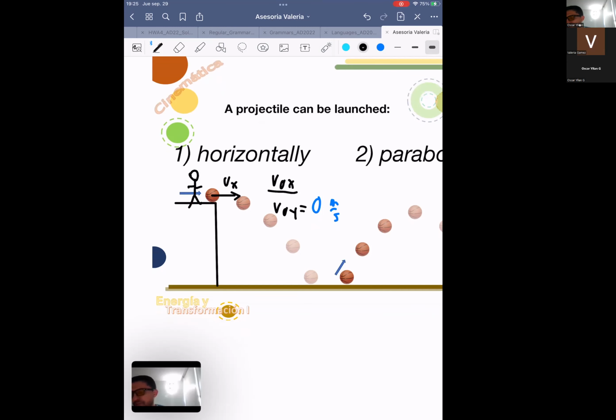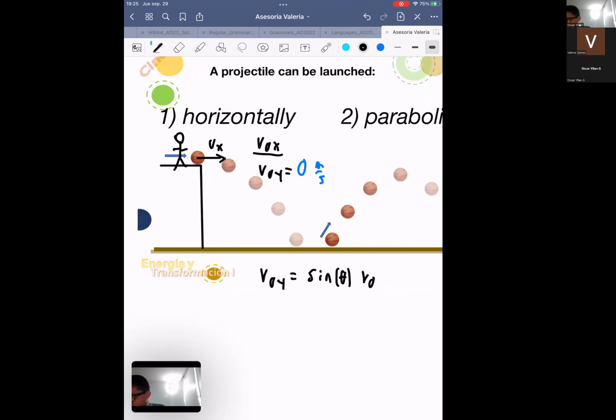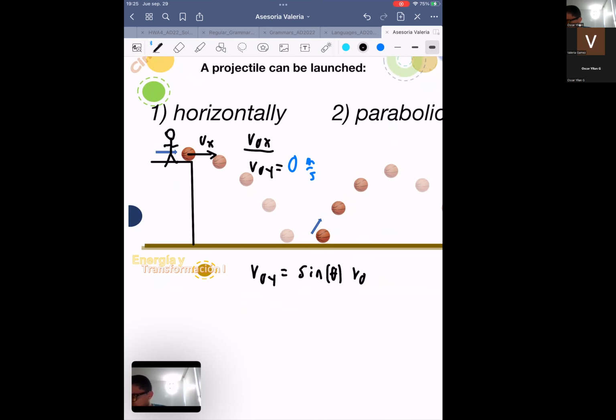Also, if you want to see it mathematically, you remember V0y is equal to sine of the angle times V0. If our V0 is, let's say, 10 meters per second, but the angle is 0 when it's horizontal, and from trigonometry the sine of 0 is equal to 0, so 0 times anything is going to be 0.